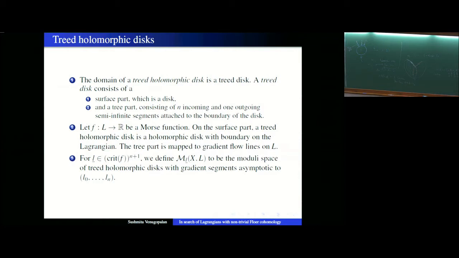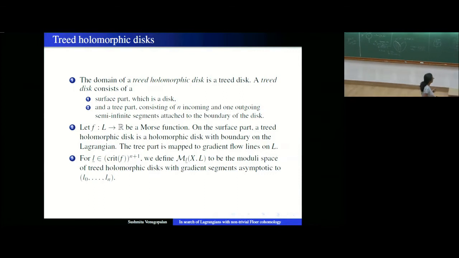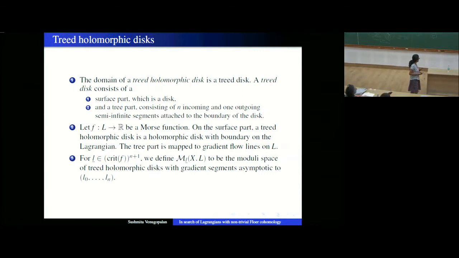So L0 to Ln are critical points, and so given a set of critical points, we define the moduli space of treed holomorphic disks with gradient segments asymptotic to those given critical points. So this is the picture to keep in mind.